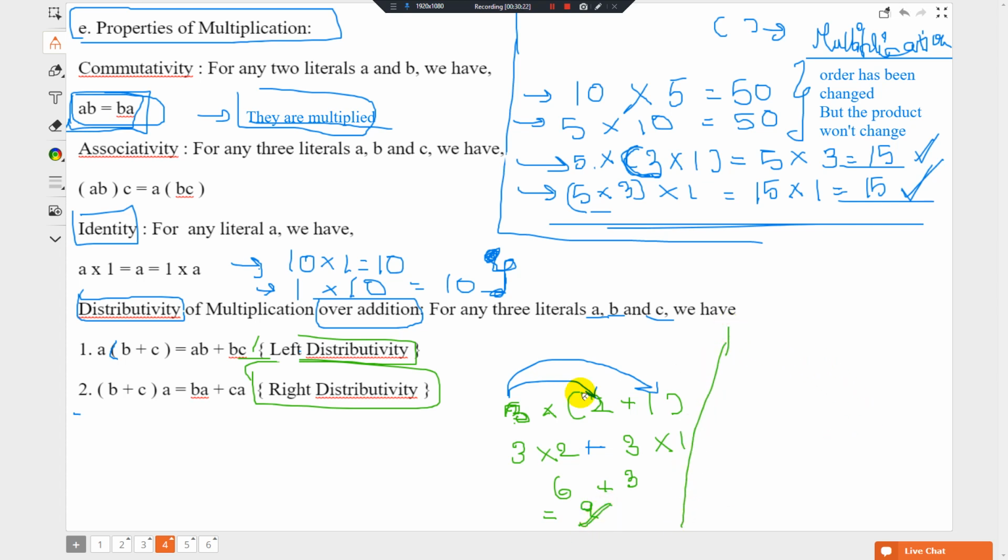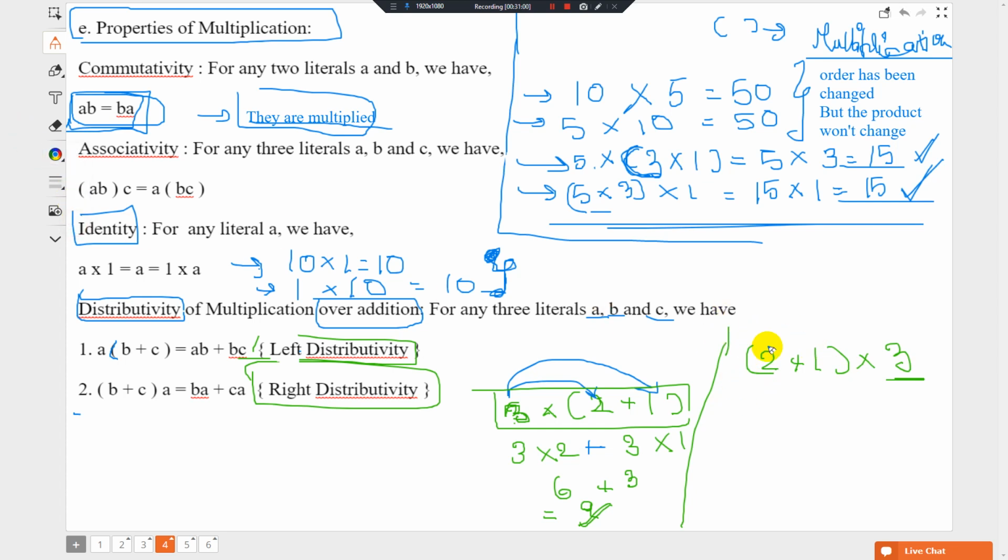What about the other distributivity? We'll see. This is known as right distributivity because the common number is at the right side, and here it is known as left distributivity because the common number is at the left side, right? Here 2 into 2 plus 1, that is 3. Versus 2 plus 1 into 3. So in that case, what do we do?